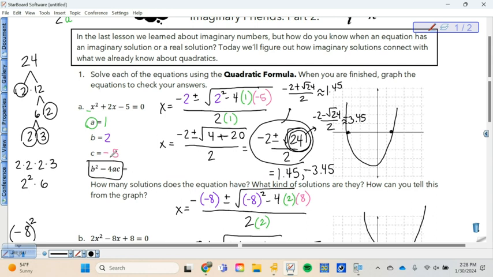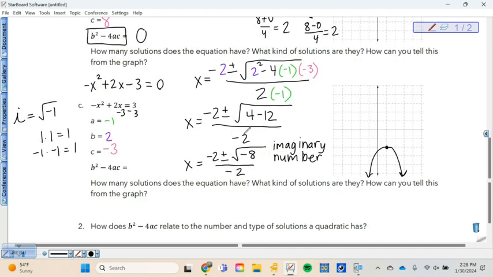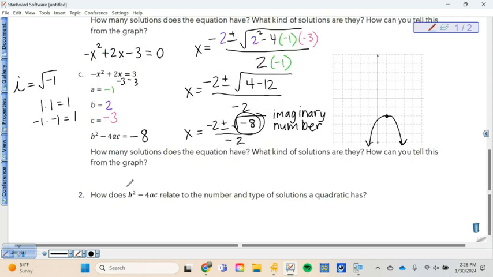It's 24. What did it equal in this second part? It was 0. And in the last part, what was it? Negative 8. So b squared minus 4ac, the part underneath the square root symbol, tells you how many solutions, and the type of solutions, that the quadratic has.